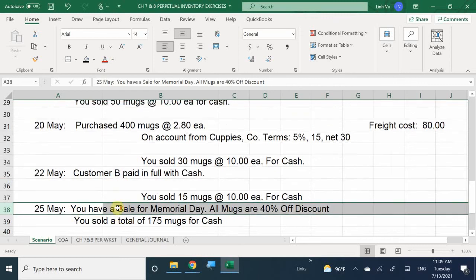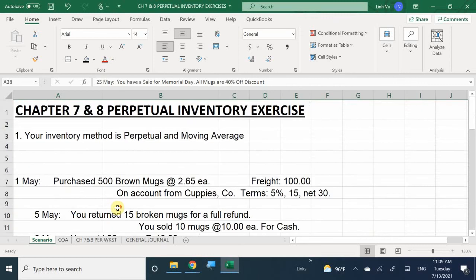Now let's take a look at the first one. Did we meet the terms for this one? No. The terms was 15 days, so we had until the 16th to pay for it. No, we did not meet that one.